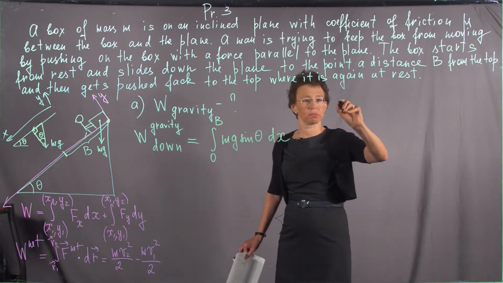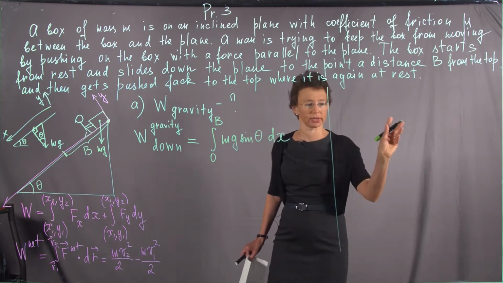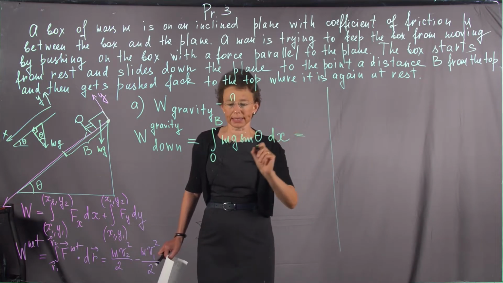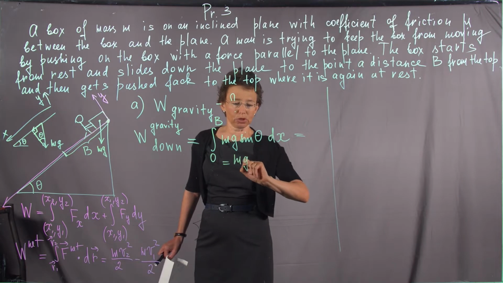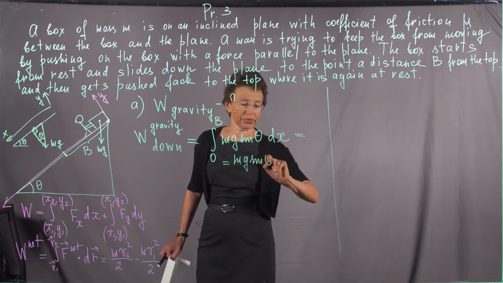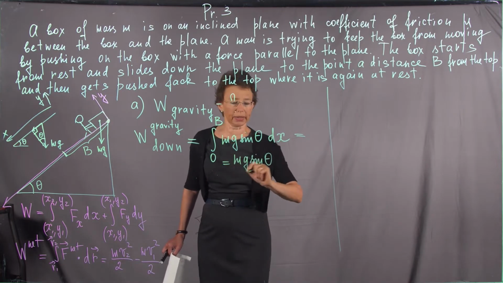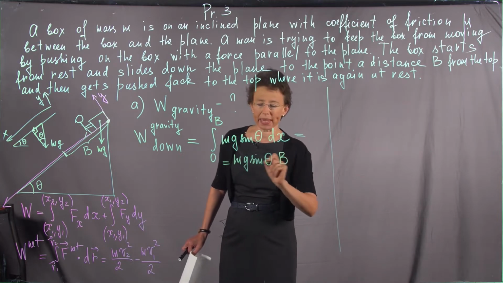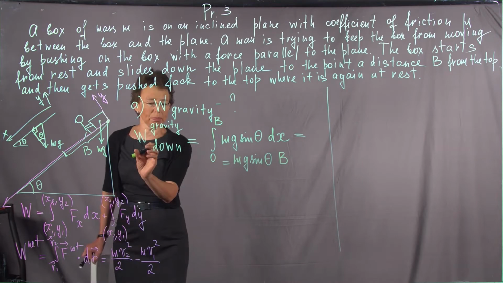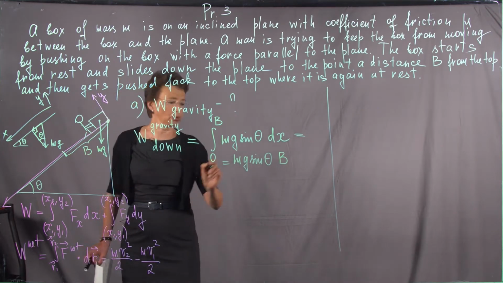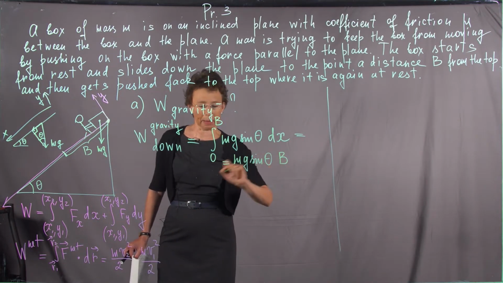I'll need more space, so I'll probably draw this line. We will use this space later. And I take this integral. It is mg sine theta x. I plug in the upper limit. It gives me b, and low limit will give me 0. So work done by gravity on the way down is mg sine theta b.